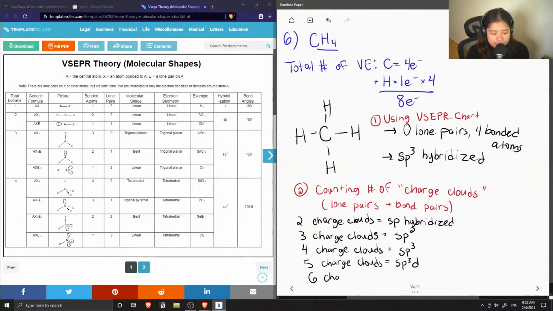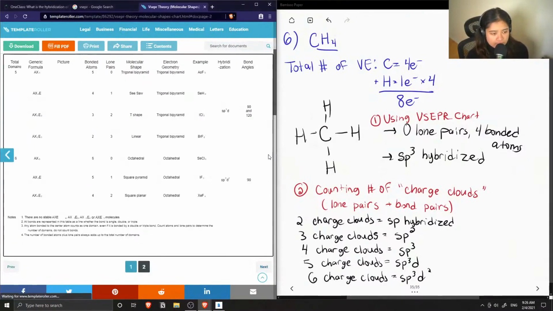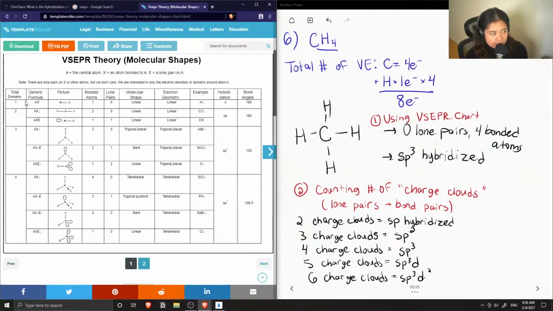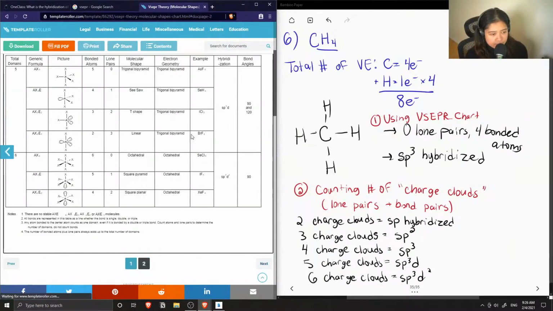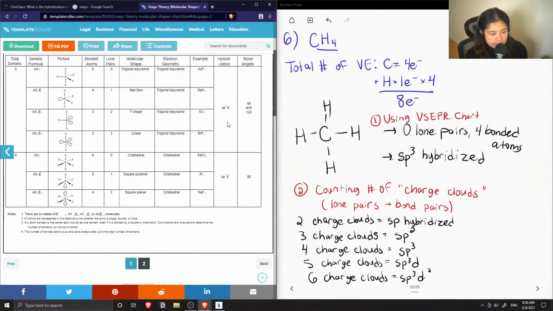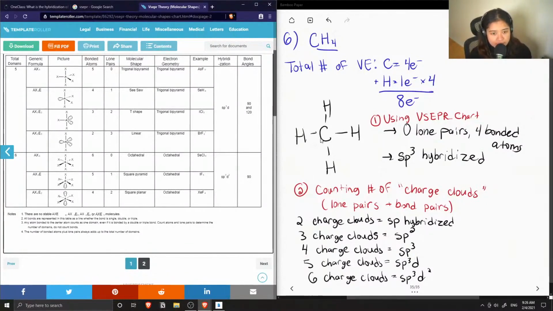And we can have even 6 charge clouds, sp3d2. So you can see in the VSEPR table as well, this is related to total domains in the very first column. So 2 domains is sp, 3 sp2, 4 sp3, 5 sp3d, and 6 sp3d2. Okay, so that's another method that's pretty easy.